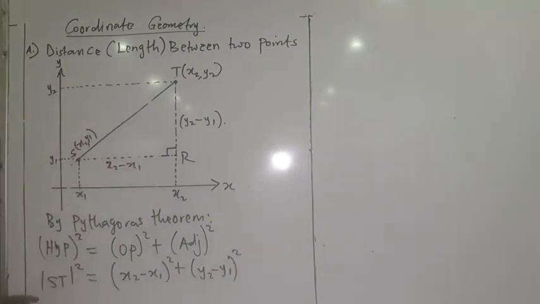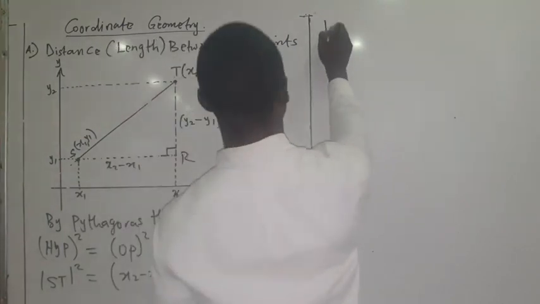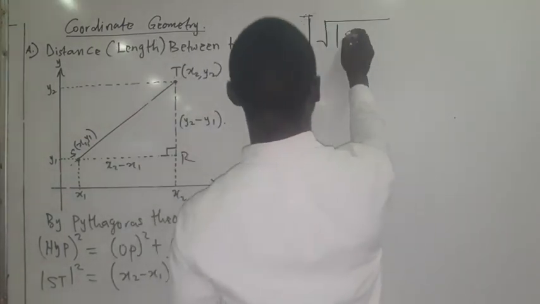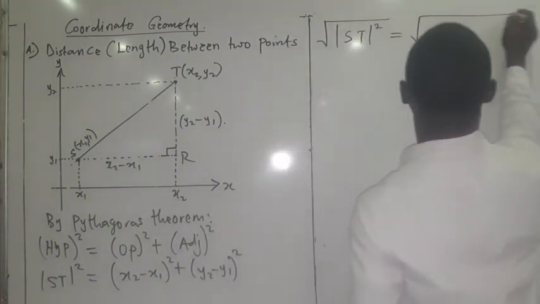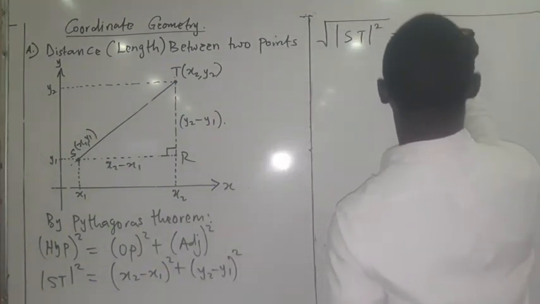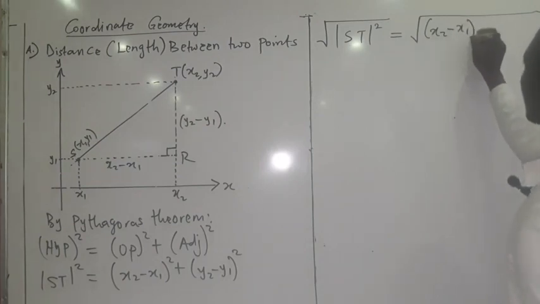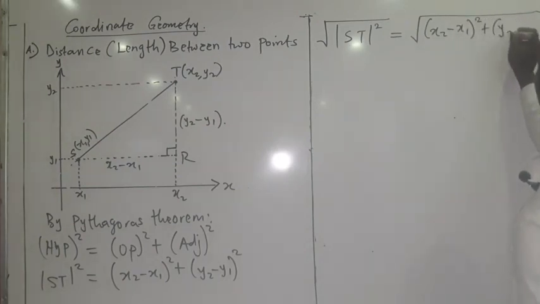The next thing to do is to simplify by making ST the subject of the formula. To make ST the subject of the formula, we take the square root of both sides. So we have the square root of ST squared equals the square root of x2 minus x1 squared plus y2 minus y1 squared.